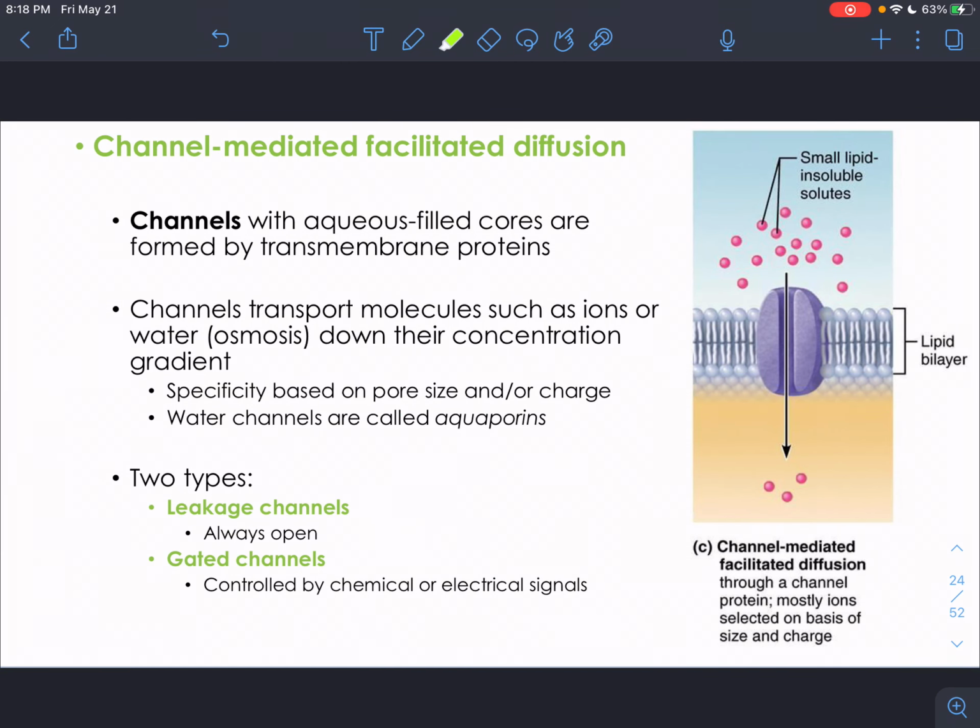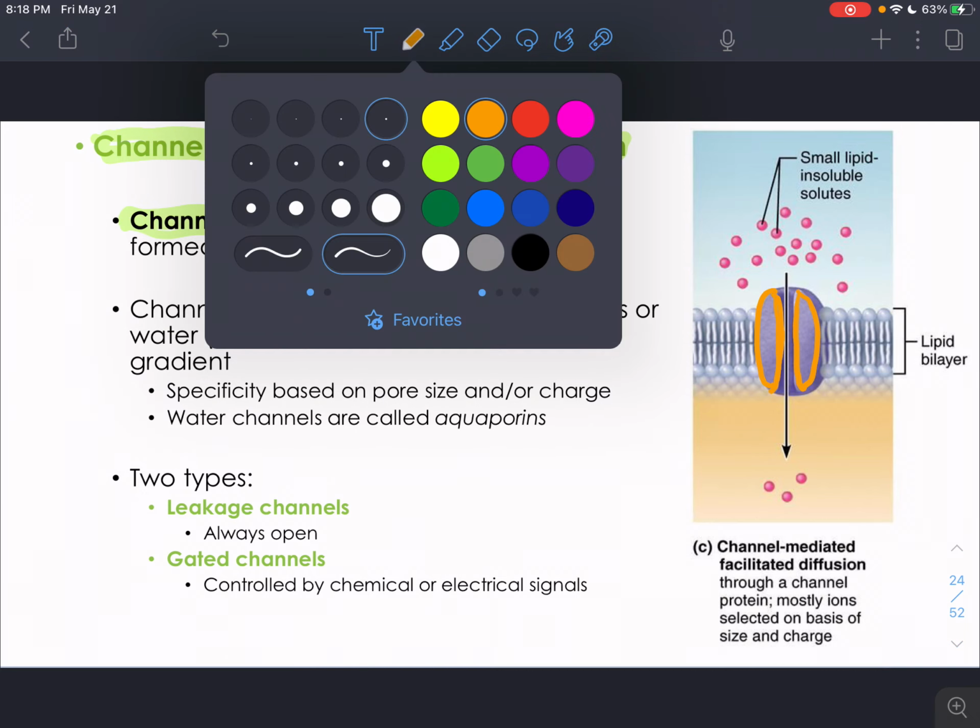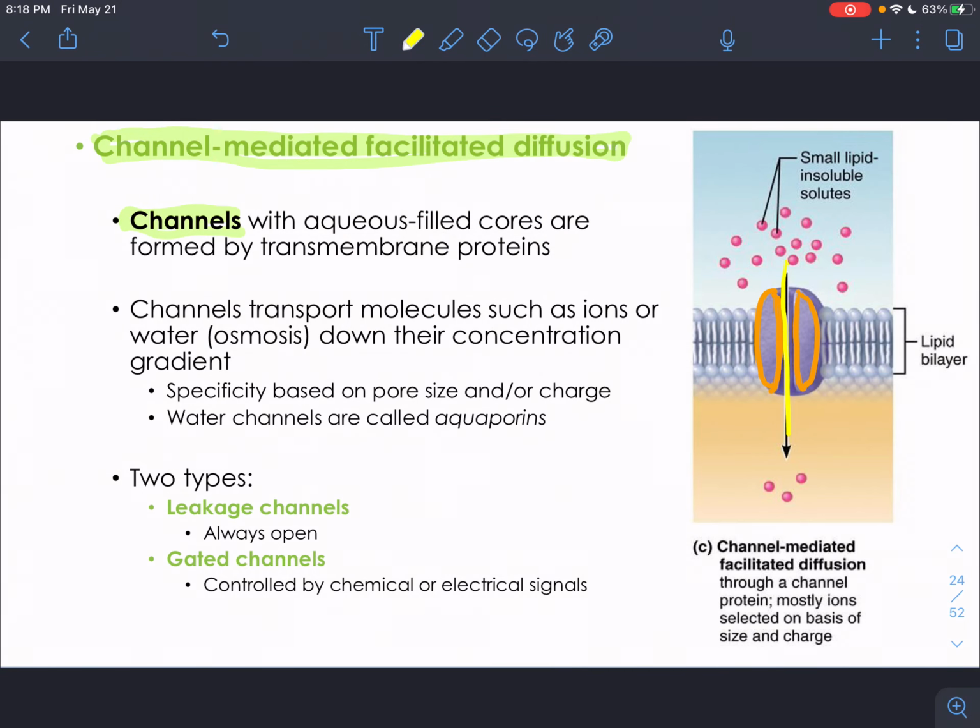We also have another type of facilitated diffusion called channel-mediated. Instead of being a carrier, now we just have channels. Channels, again, are integral proteins, so they go through the lipid bilayer, but they have a channel that's just open in the middle of it that ions can flow through.